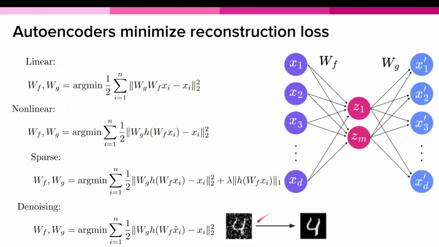So for example, if we had a noisy image of a digit 4, the network should learn to restore it to a clean form. And so this approach enhances robustness by forcing the network to learn the relationships between dimensions of the input data. But regardless of the specific objective, the goal of these autoencoders is to compress data into a meaningful representation in the bottleneck layer and to ensure that the reconstructed output closely resembles the original input.